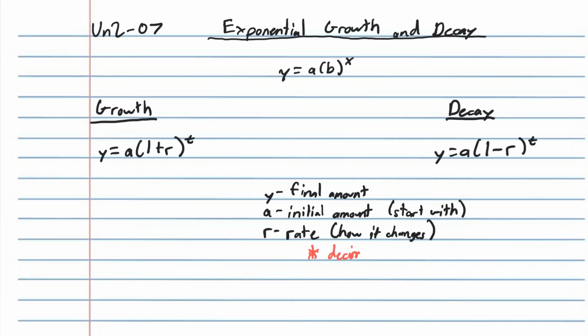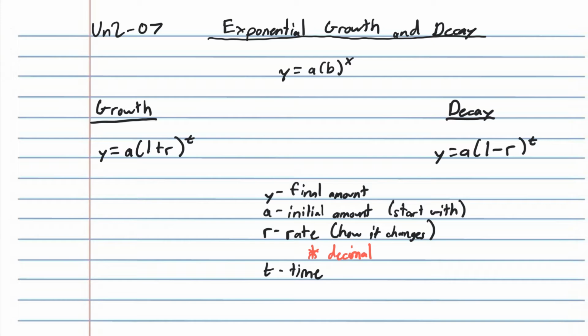So if they give you percentages, you have to change it. And the last thing, t, represents time. How long are we asking for? Like how much did it grow in 2 years, 3 days, 4 minutes, whatever it is. So that's the four components of the equation.